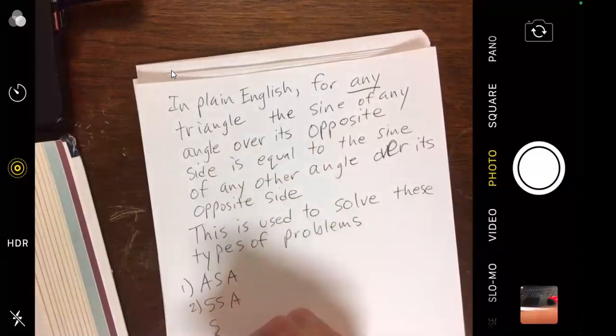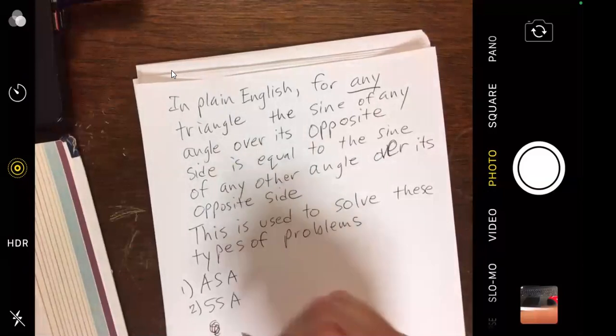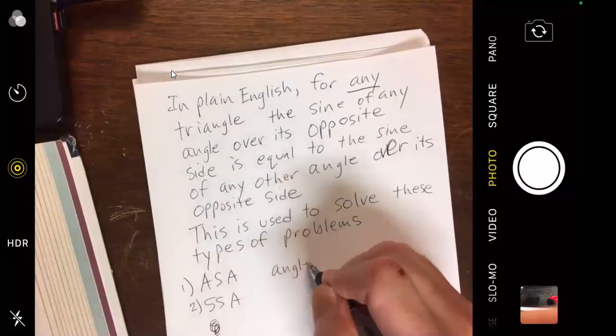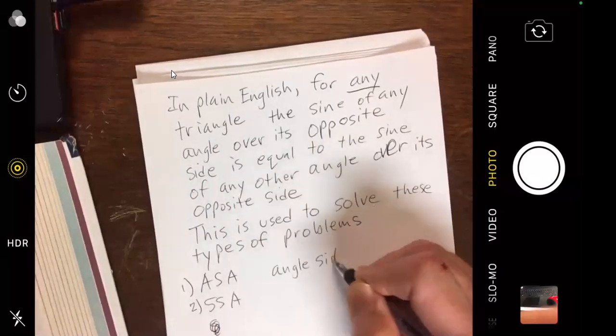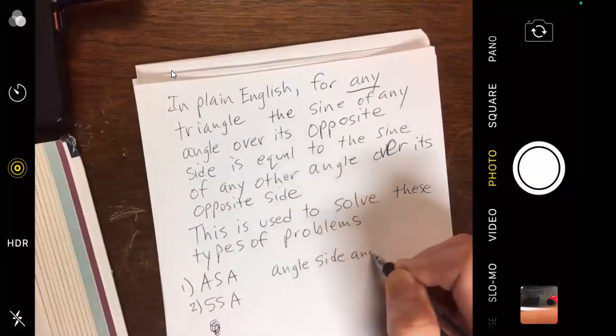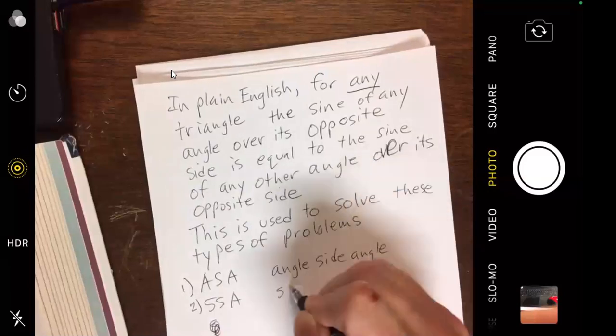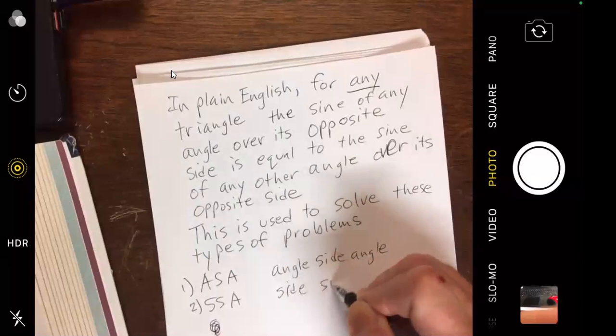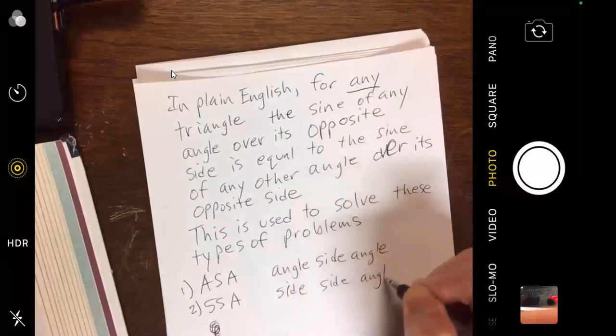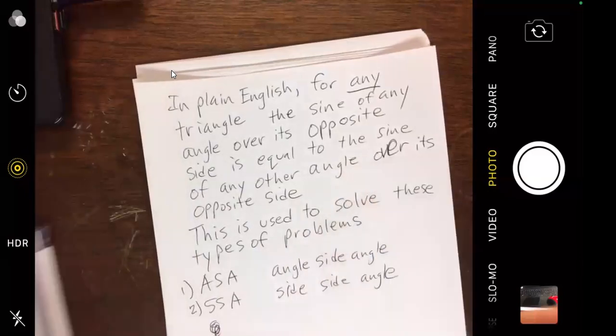What is this gibberish? This is called angle, side, angle, or side, side, angle.